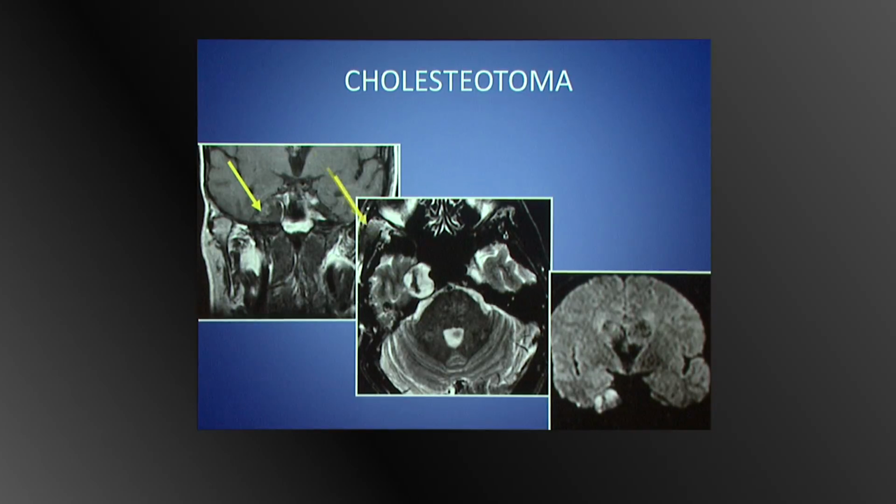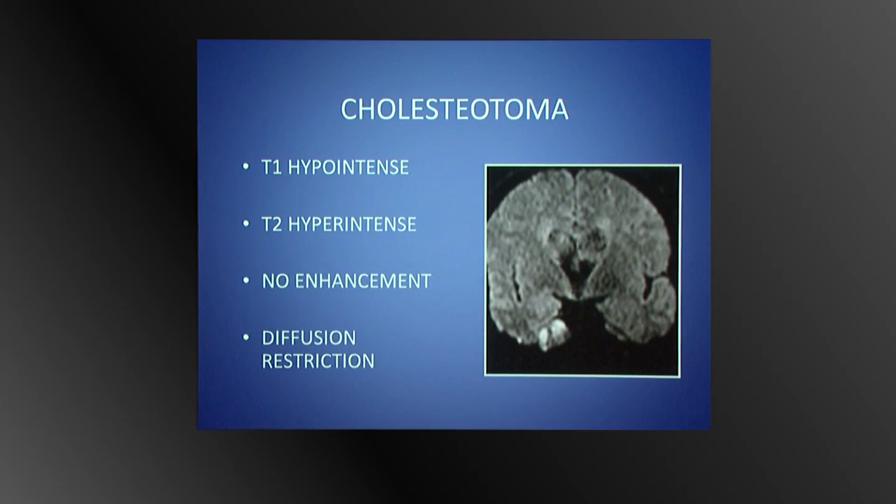So T1 hypo, T2 hyper, and the key is the diffusion restriction. So the differentiating feature for the cholesteatoma is the diffusion restriction. The others just add a little bit of weight to your diagnostic confidence, and they are hypointense on T1, hyperintense on T2. Once again, don't enhance. And remember, just like all the lesions that arise from obstruction, they are centered on the apex.